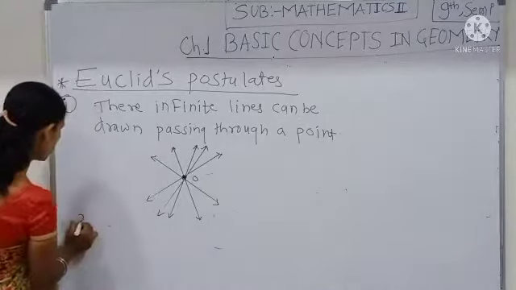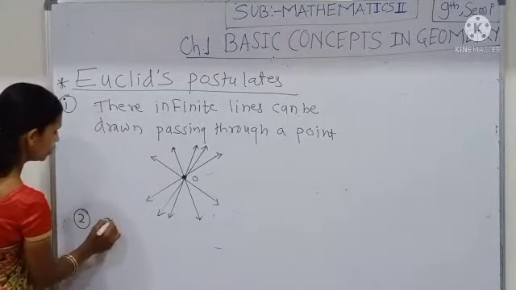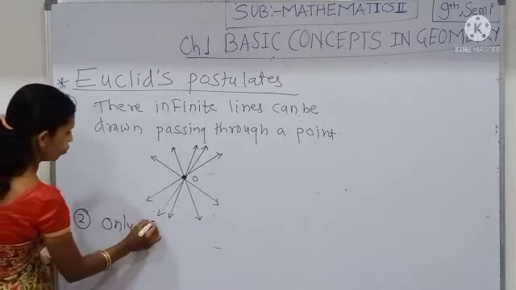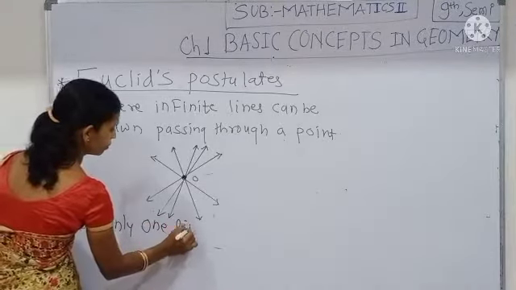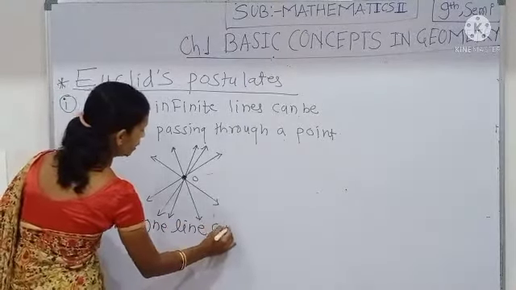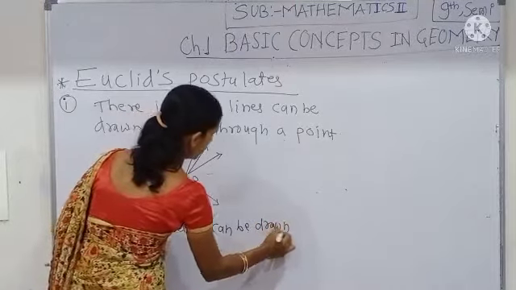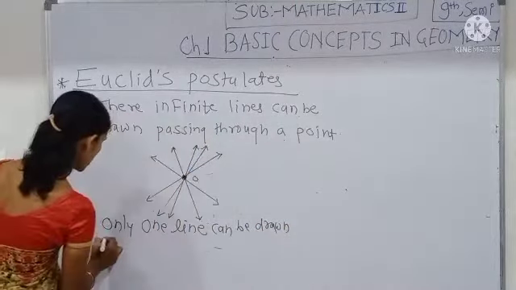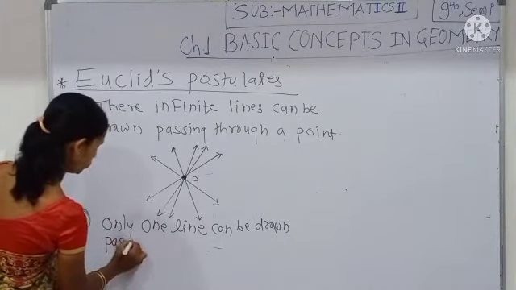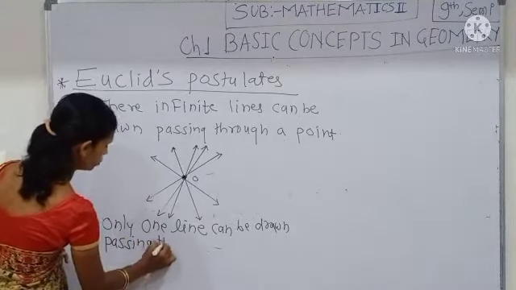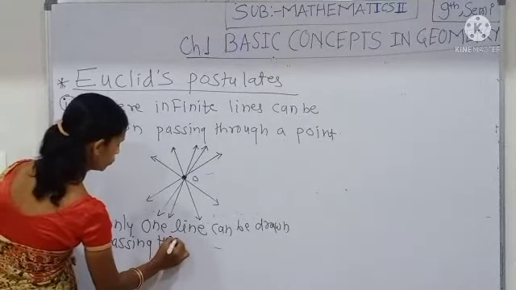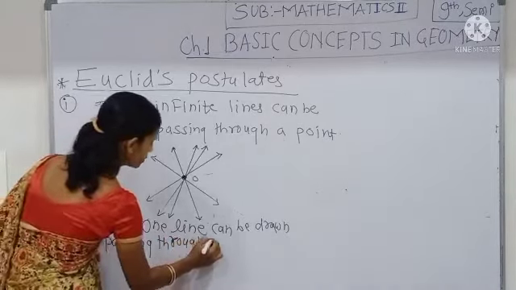The second property: only one line can be drawn passing through two points.